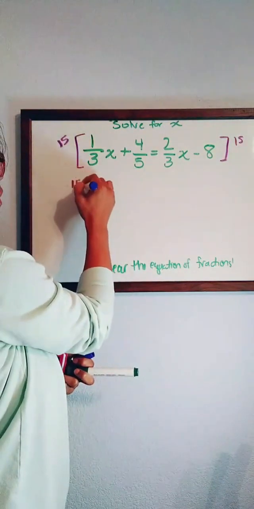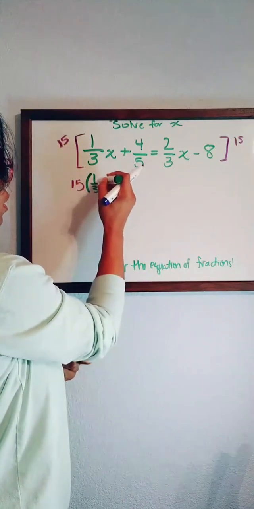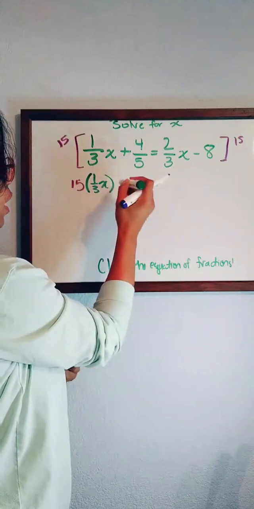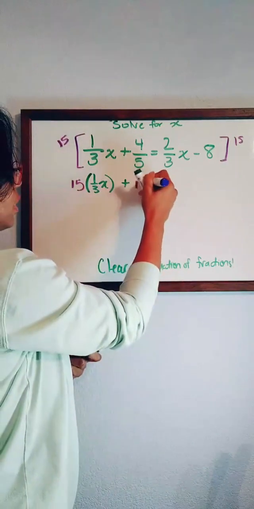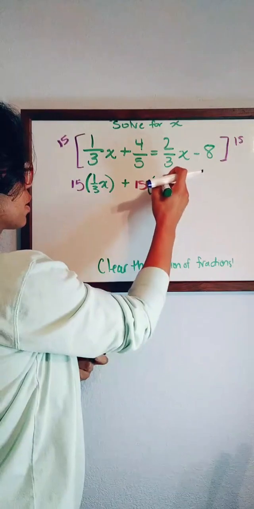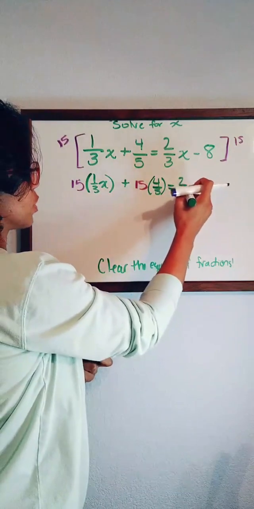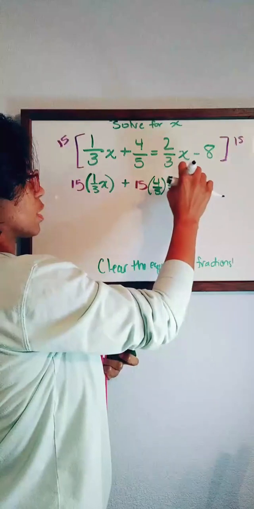Now you have 15 times 1/3 x, plus 15 times 4/5, is equal to 2/3 x times 15. Oops, it's hard when I'm trying to write in 15 different colors.